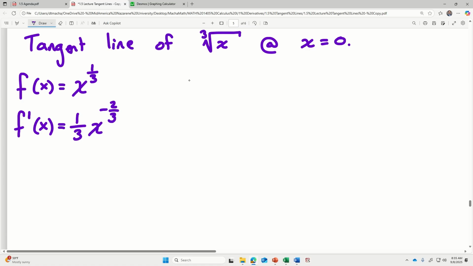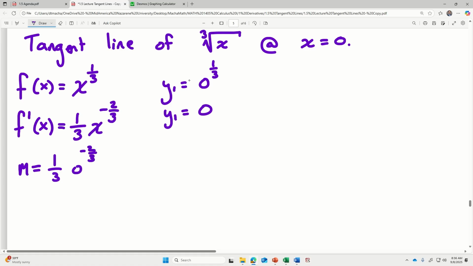Okay, and now I care about when x is equal to 0. So to get my y coordinate, this is going to be 0 raised to the 1/3 power. And 0 raised to the 1/3 power is what? 0. And to get my slope, I need to evaluate the derivative where x is equal to 0. So that's going to be 1/3 times 0 to the power negative 2/3.